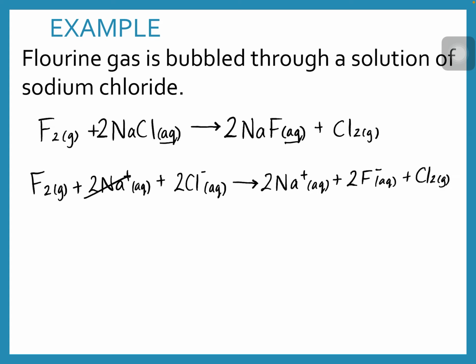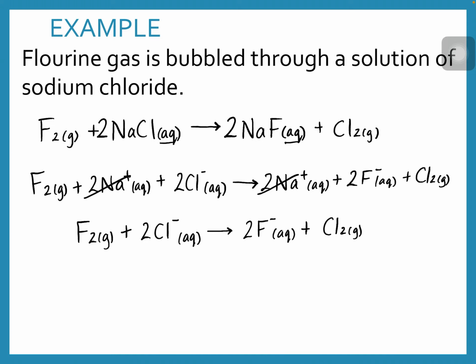So I have 2 sodium ions on either side of the equation, so those are spectator ions and nothing else. So my net ionic equation then is fluorine gas and 2 chloride ions react to produce 2 fluoride ions and chlorine gas.